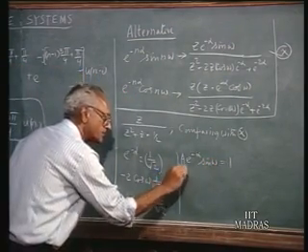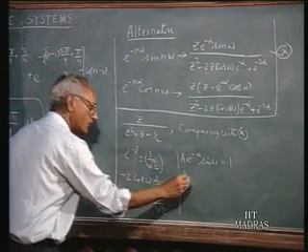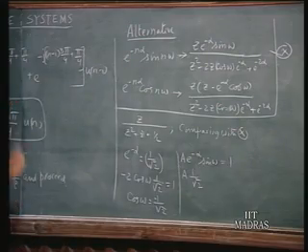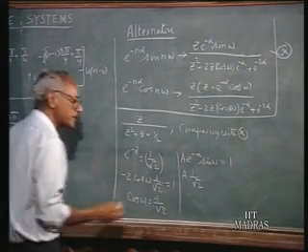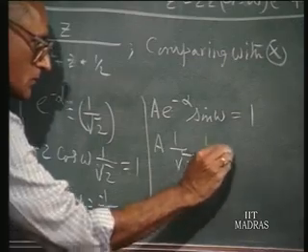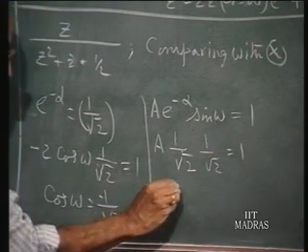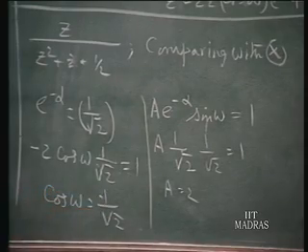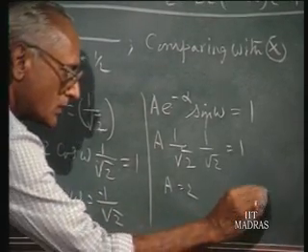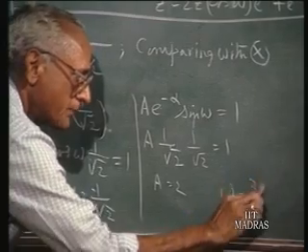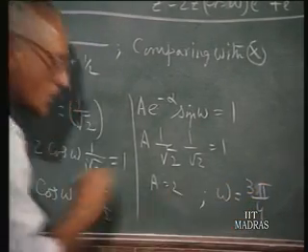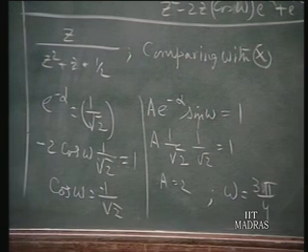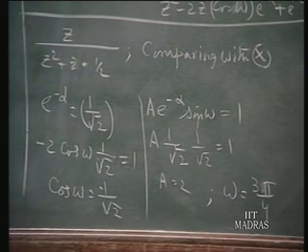Therefore, a times 1 by root 2 is 1, and if cos omega is minus 1 by root 2, the magnitude of sin omega is also 1 by root 2. Suppose you take sin omega to be 1 by root 2, then a equals 2. And if sin omega equals 1 by root 2 and cos omega is minus 1 by root 2, then omega will be 3 pi by 4. So sin omega is positive 1 by root 2, cos omega is minus 1 by root 2, so the angle is 135 degrees, which corresponds to 3 pi by 4.